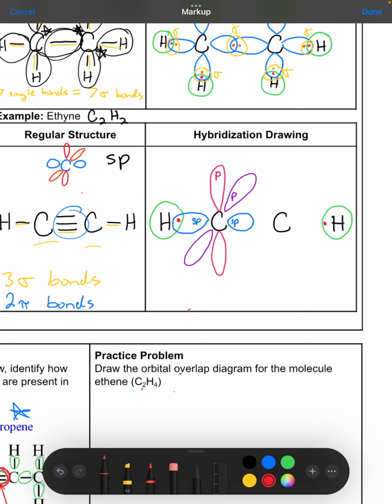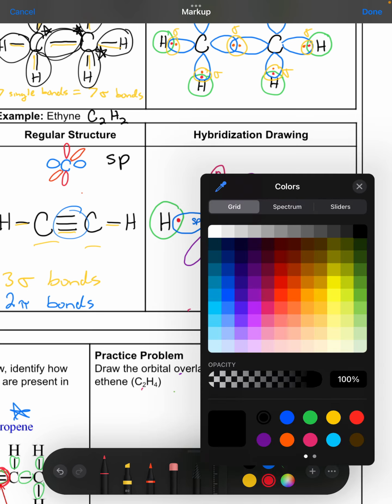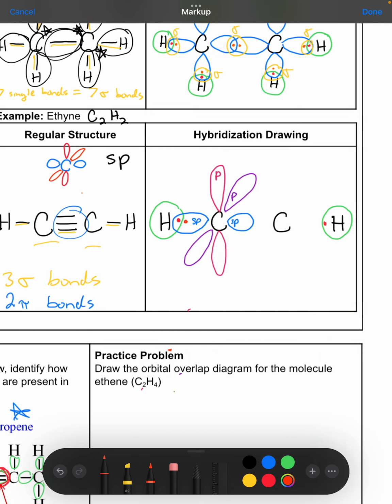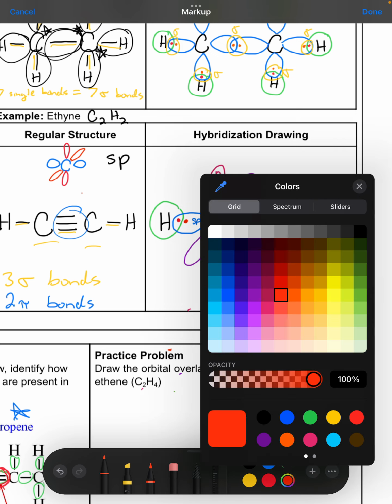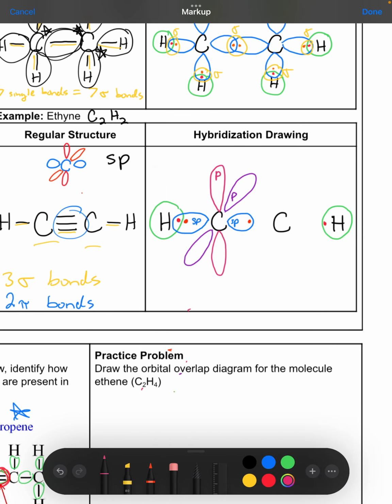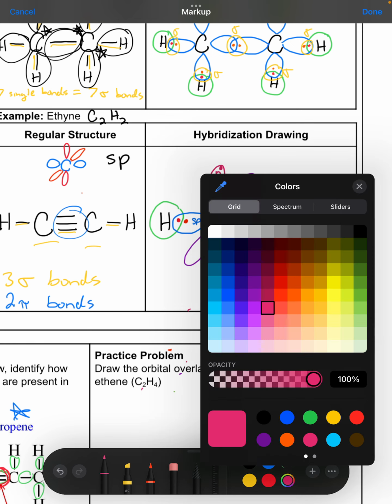Now really quickly represent the electrons that belong in those orbital spaces. I know that my sp hybridized ones are going to have 1 electron each. So there's one and there's one. And then I know that my p orbital spaces are going to have 1 each. So I'm going to put 1 here at the top of each of them.